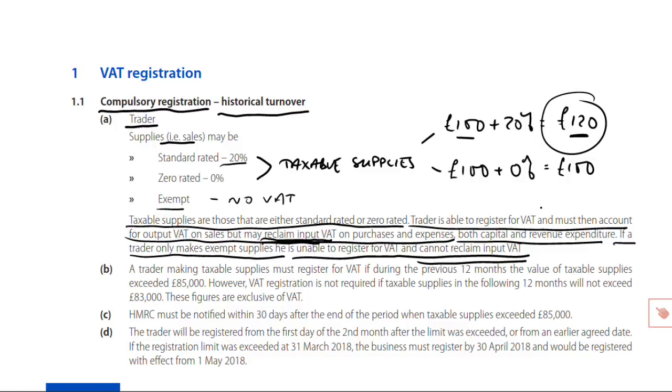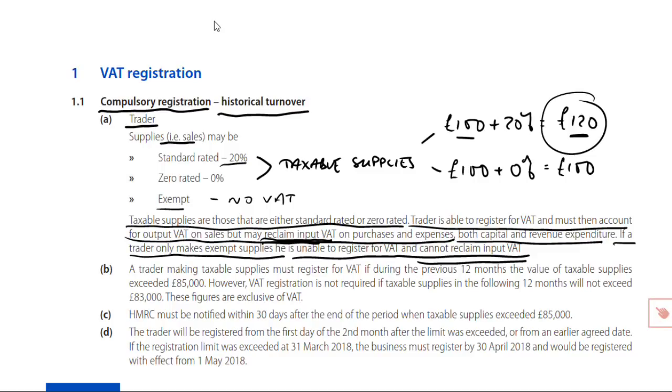So, taxable supplies are, as we have just said, those that are either standard rated or zero rated. The trader is then able to register for VAT and must then account for the output VAT on the sales. As long as you make taxable supplies, then you are able, if you choose, to register for VAT.